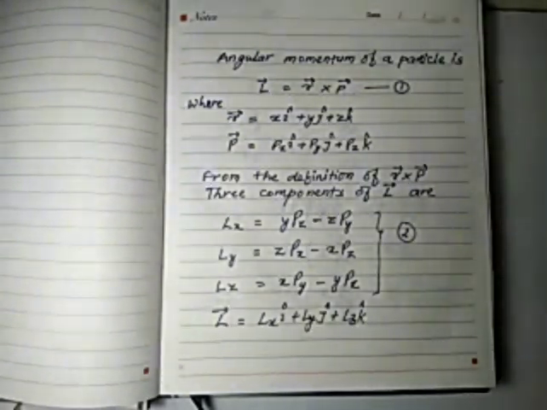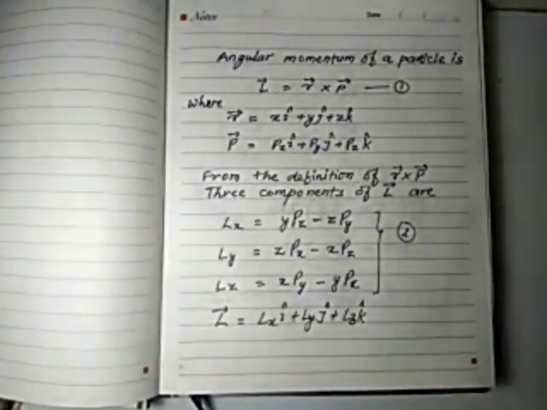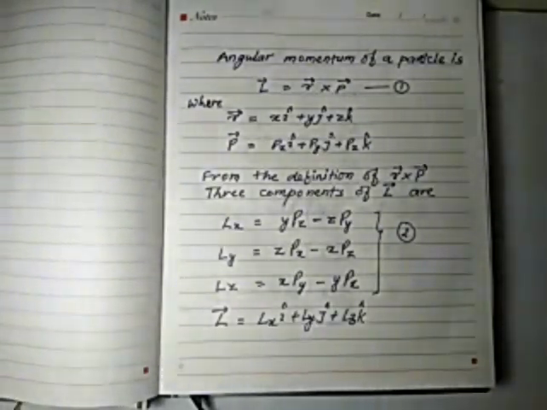Here r is the position coordinate, that is r = xi + yj + zk, and p is the momentum. In vector form it is written as p_x i + p_y j + p_z k.